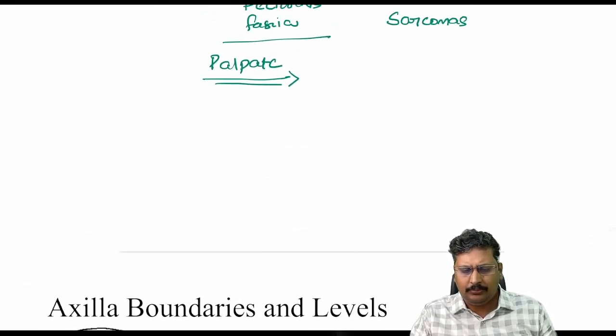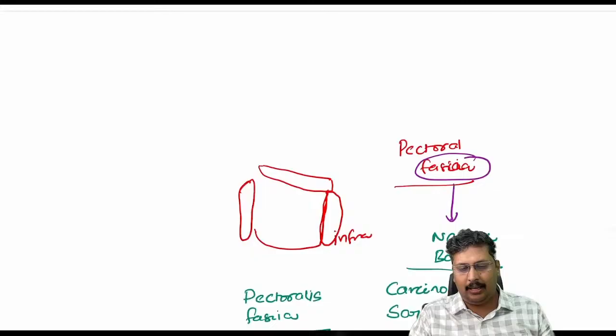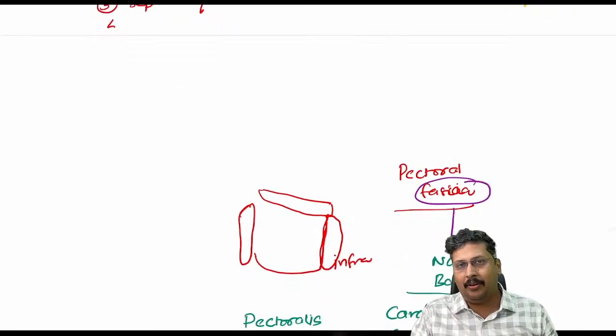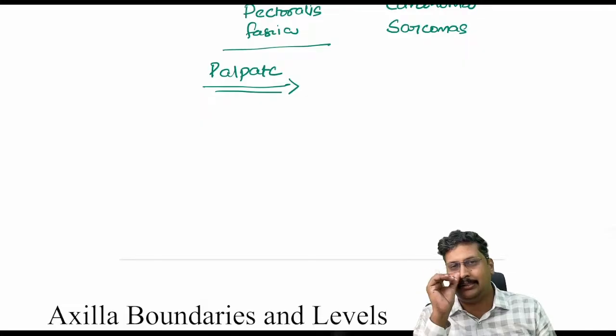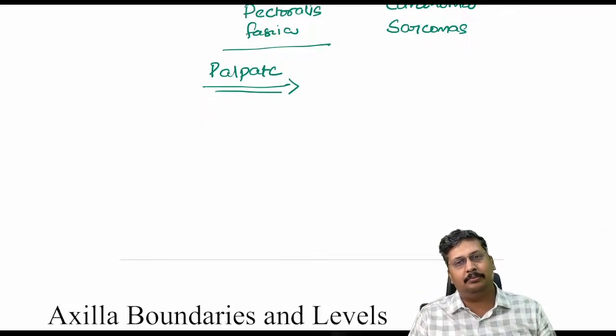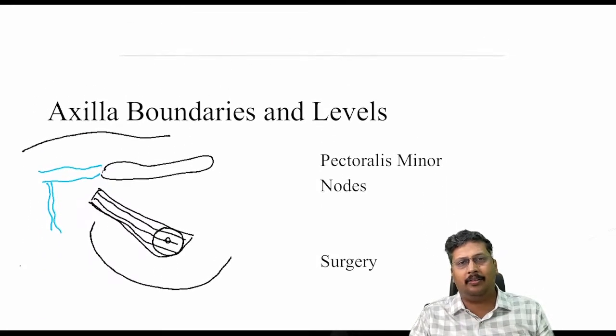So then coming to the axilla, the axillary clearance is again a very important part of our surgery. Modified radical mastectomy always includes axillary clearance. Before going to the axilla, we can grossly divide the lymph node stations in the axilla into level 1, level 2, level 3.